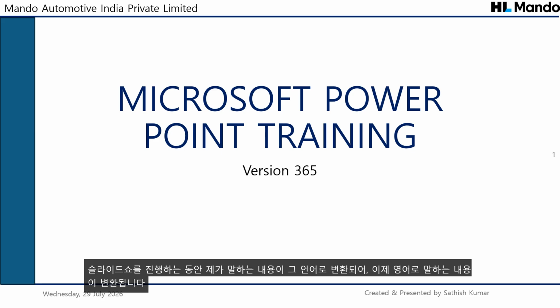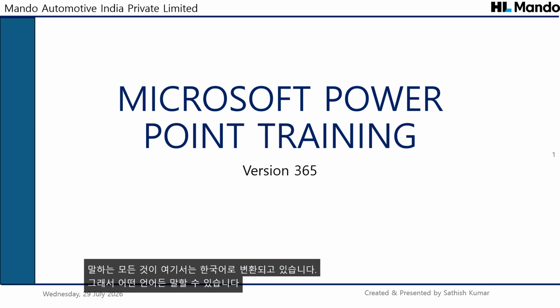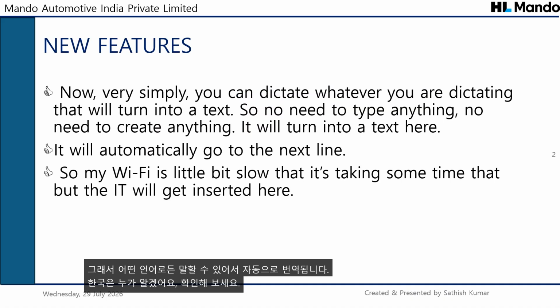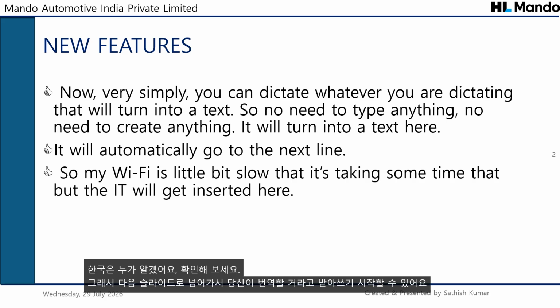You can go to the next slide and start dictating. It will translate your language. You can select any subtitle language here. When they are reading in Korean, it can turn into English, Tamil, whatever language you want.